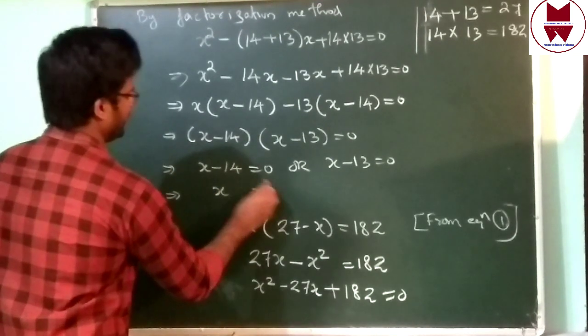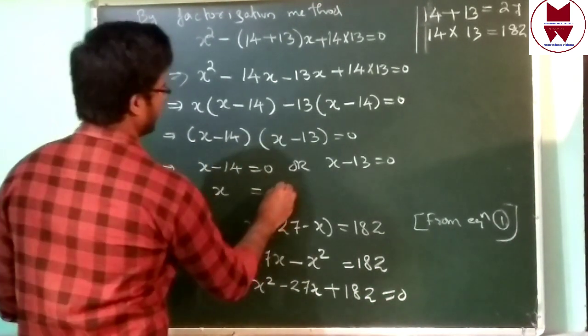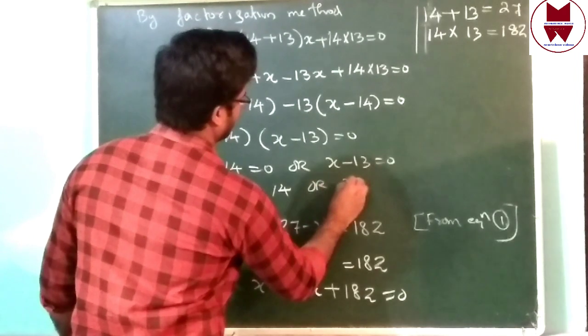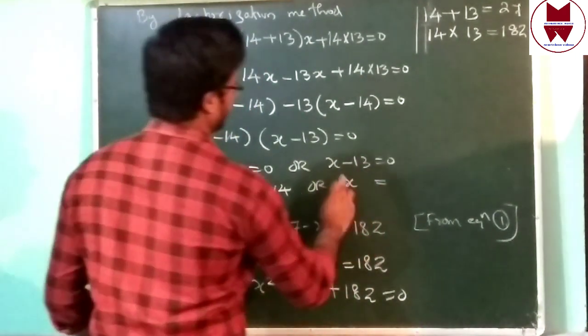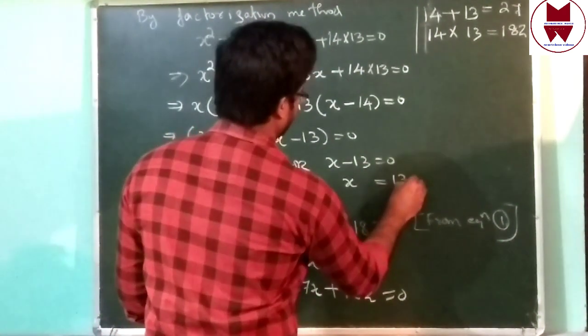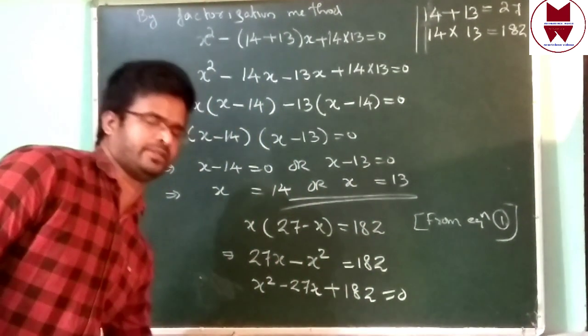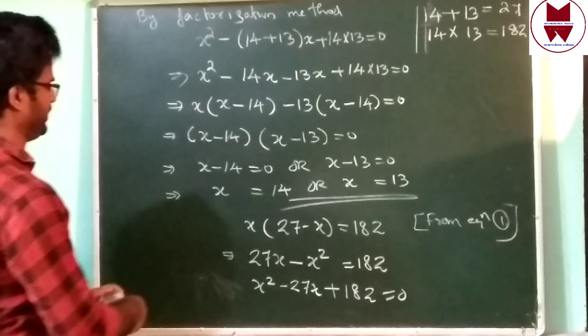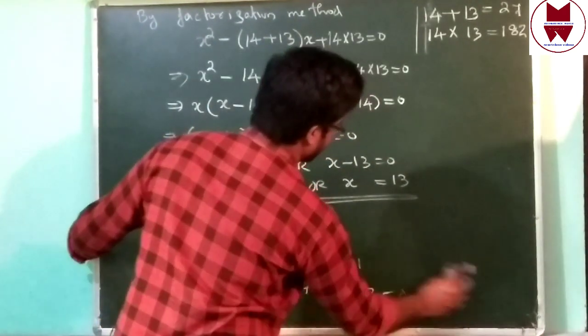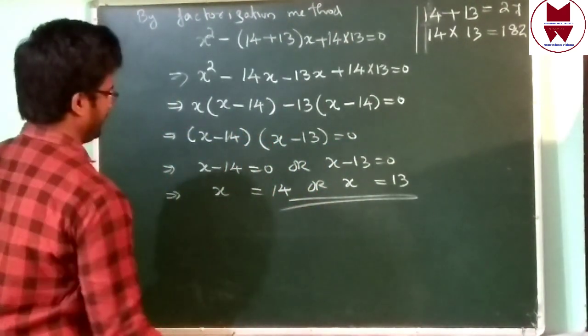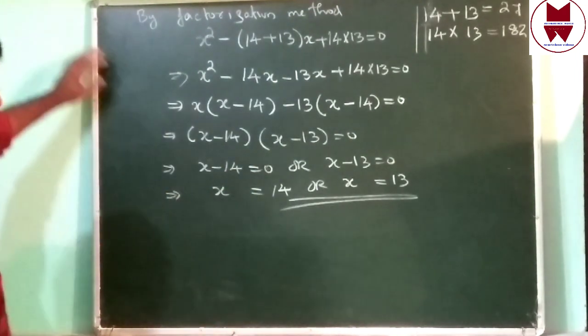X equal to minus 14 becomes plus 14, or x equal to minus 13 becomes plus 13. Now we got the x value. What is our question? We have to find out two numbers, isn't it? Which are the numbers x and y. We got only x. Y also we have to find out.